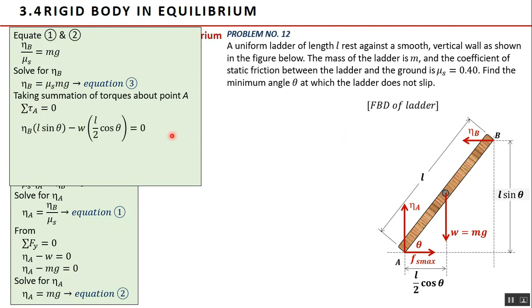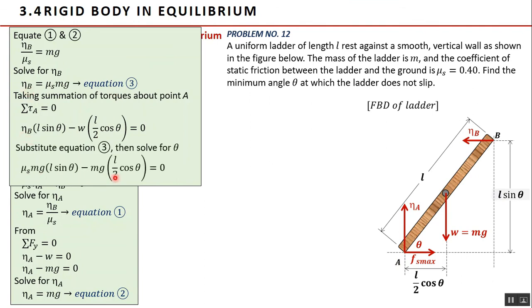And the weight creates a counterclockwise torque, so it is negative weight multiplied by its perpendicular distance from A, L over 2 cosine of theta. Then we equate this to 0. Take note that N sub A and Fs max are not included in the equation, since they already hit point A. From here, we will substitute equation number 3 to solve for the minimum angle theta.